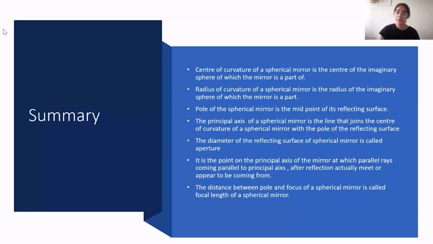Now, the diameter of the reflecting surface, that is the diameter of that mirror, is called aperture. It is equal to the distance between two ends of a mirror.